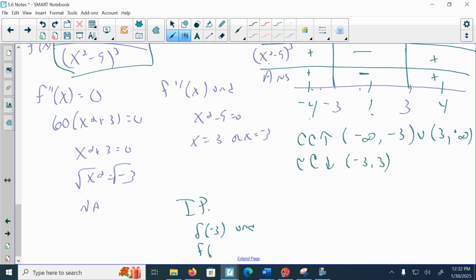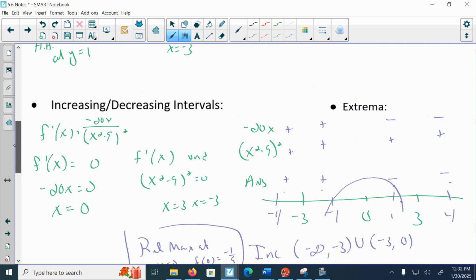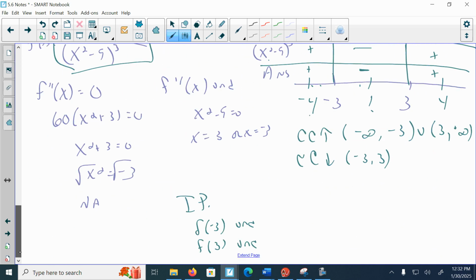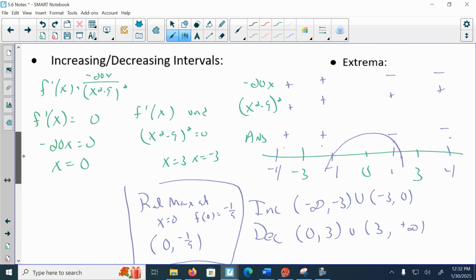And I'm going to have to find f of 3, which is also undefined, because those are my two restrictions on x, what x cannot equal, right, from here. So, since these two are both undefined, I'm going to say no inflection points.